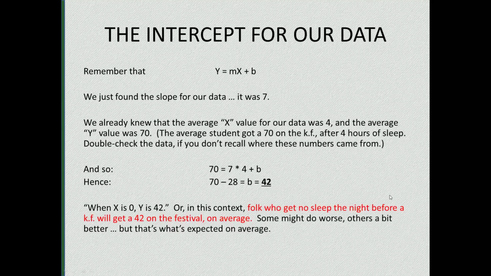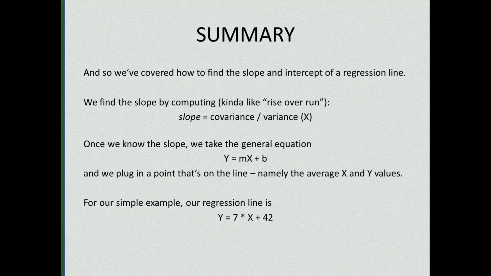What does that number mean? When x is 0, y is 42. People who get no sleep score a 42 on average. Again, some will do better than that, some will do worse, but in general, no sleep means a 42 on average. And so we found the slope and intercept of our regression line.